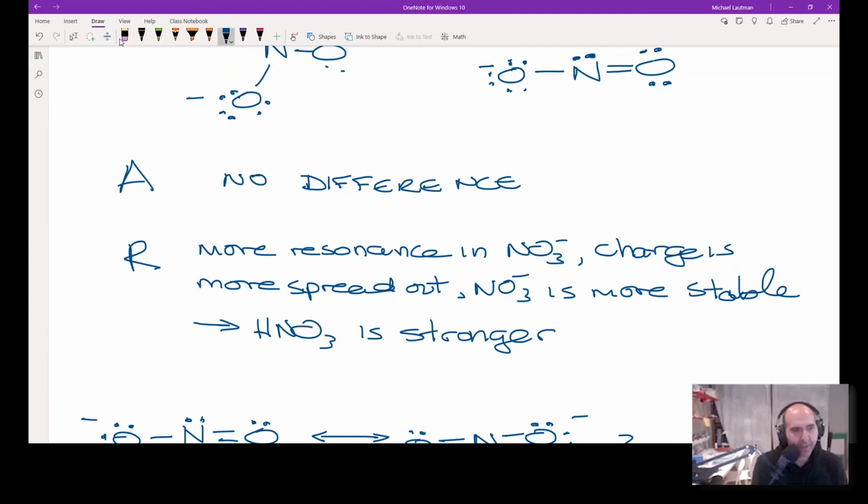And since we found the difference at the level of resonance, we don't need to go any further. We can stop there.